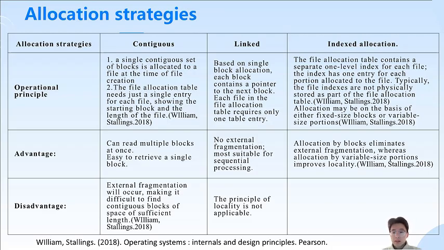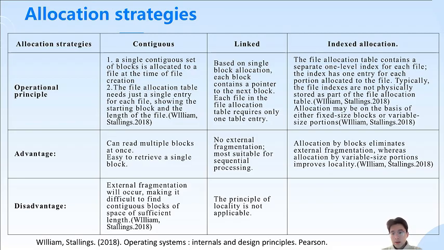What about the index allocation? In this method, you can see the file allocation table contains a separate one-level index for each file. The index has one entry for each portion allocated to the file. Typically, the file indexes are not physically stored as part of the file allocation table.